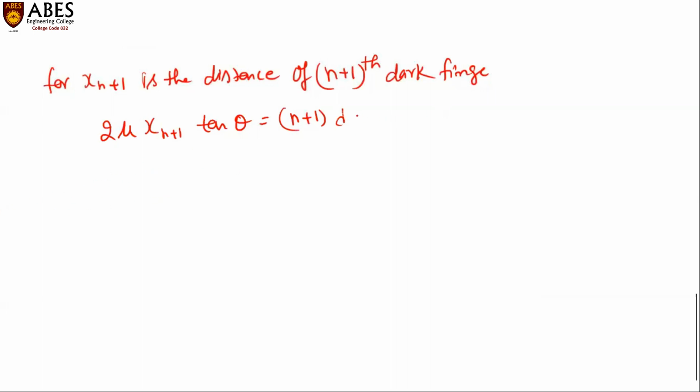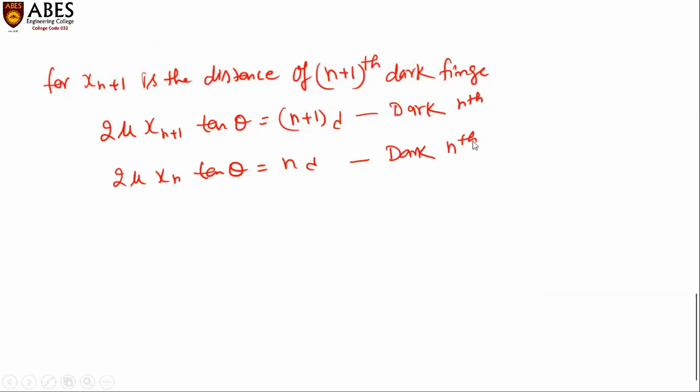This is the condition for the n plus 1th dark fringe, and 2 mu xn tan theta is equal to n lambda for the nth dark fringe.